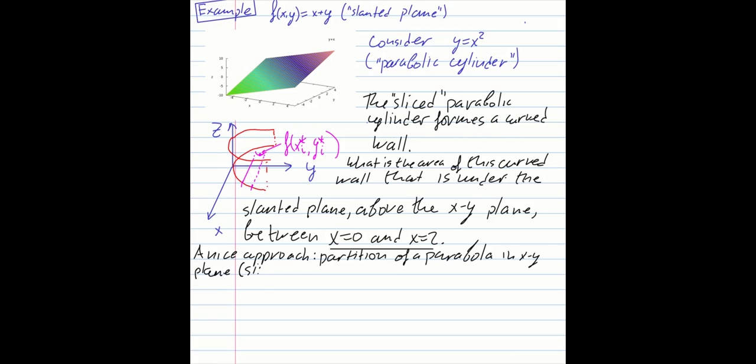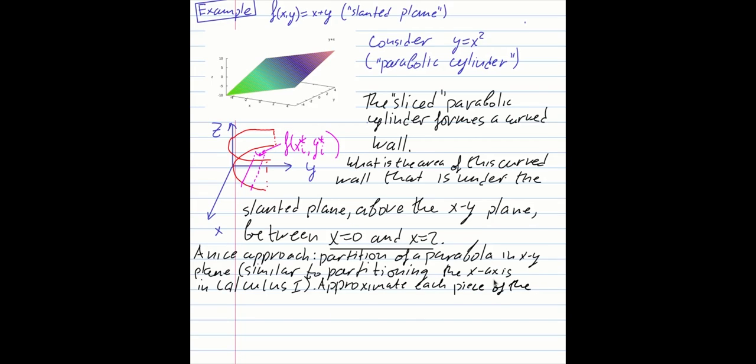It's similar to partitioning the x-axis in Calculus 1. Then we're going to approximate the length of each piece of the parabola.